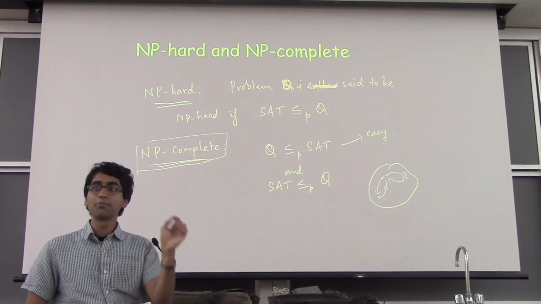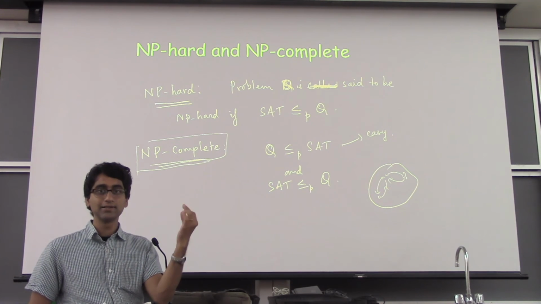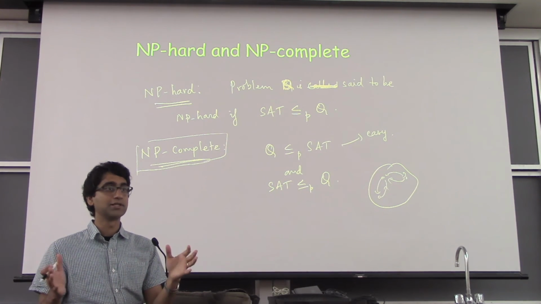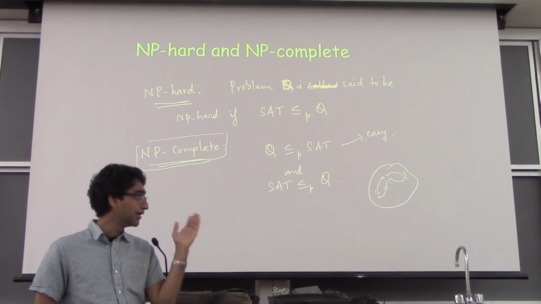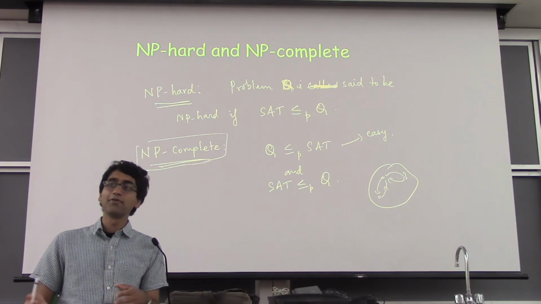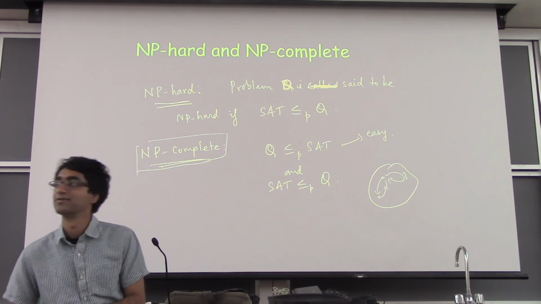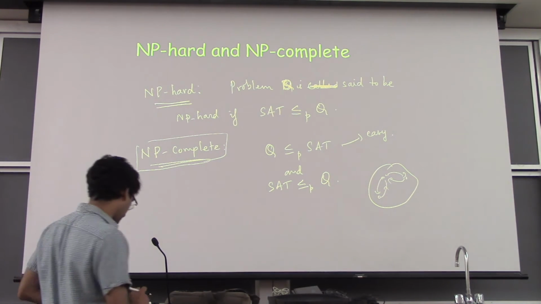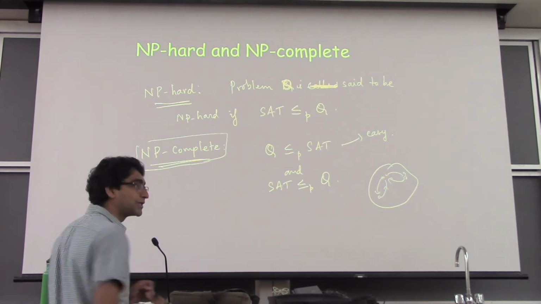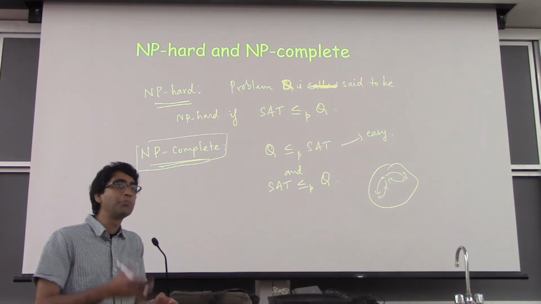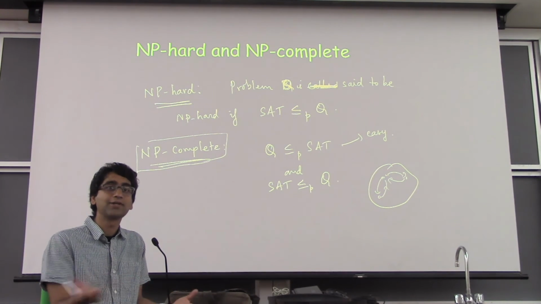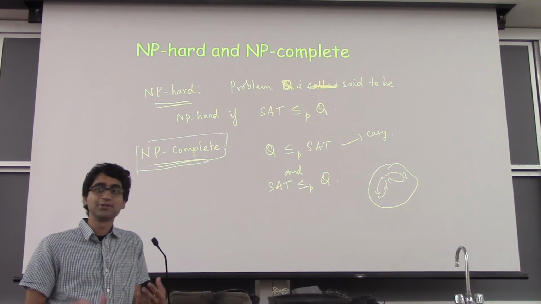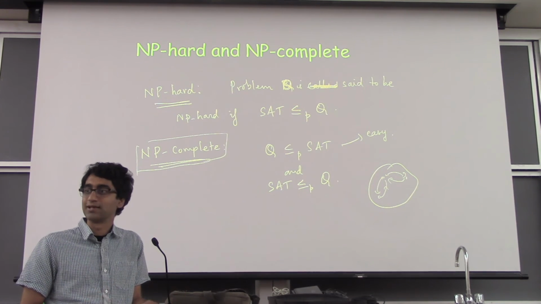There are problems which we believe are like this, like factoring numbers, which we strongly believe is like this, but we don't have a proof. That's one of these interesting things. For such problems, the people who believe in this conjecture say that they are actually in P. You can't find that algorithm, but there is a polytime algorithm.